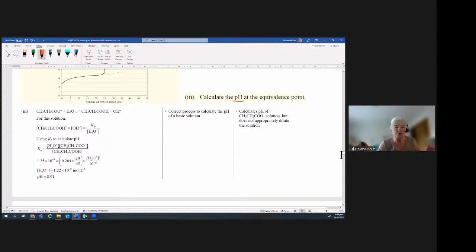At equivalence point, all my acid has reacted with all my base, and so all I've really got left, I mean, I've got tiny bits of everything, but all I've really got left is the anion of the acid and the cation of the base, pretty much. I've just got my salt.